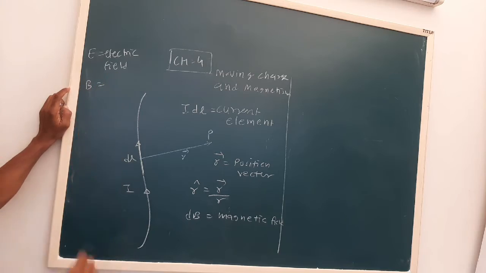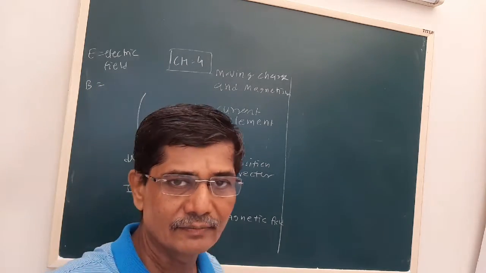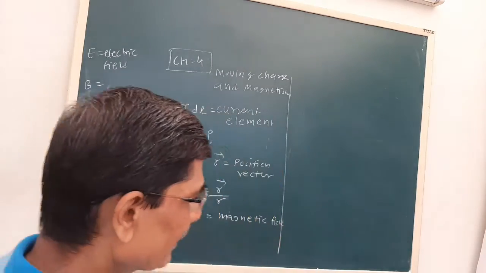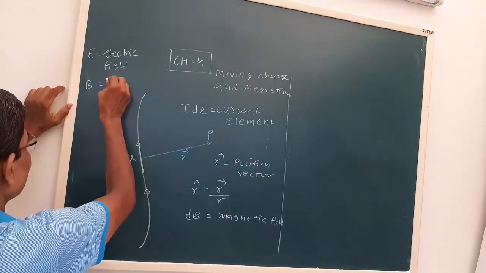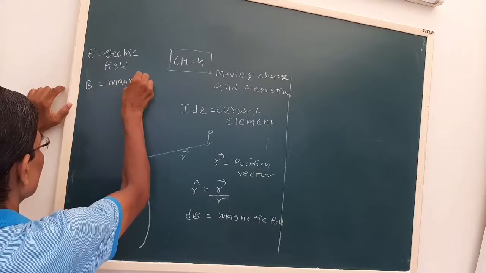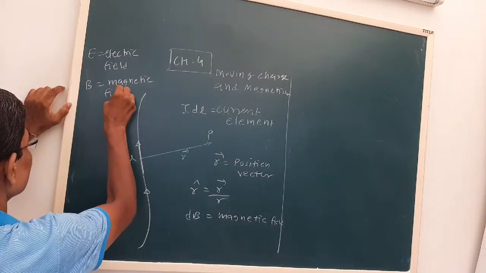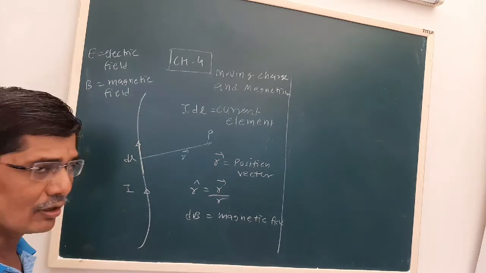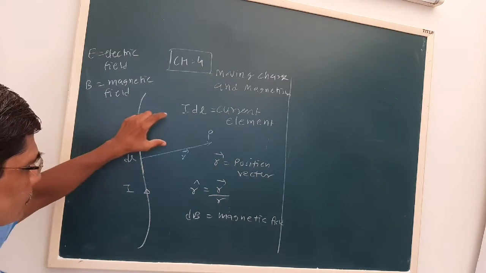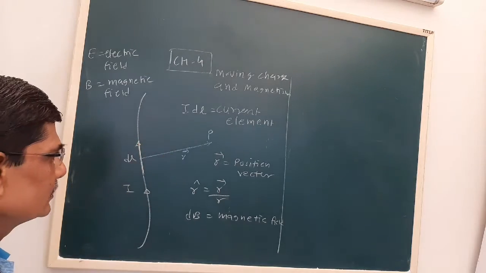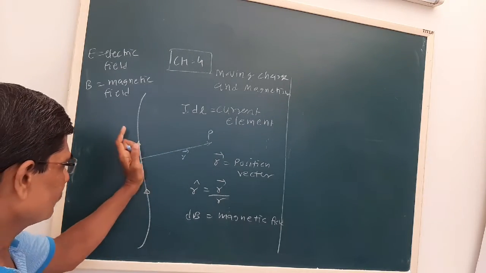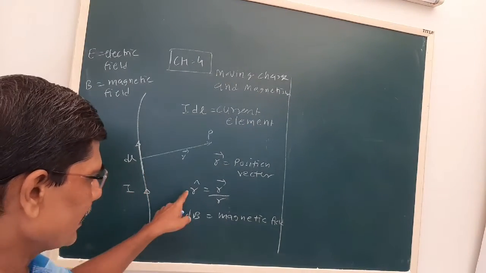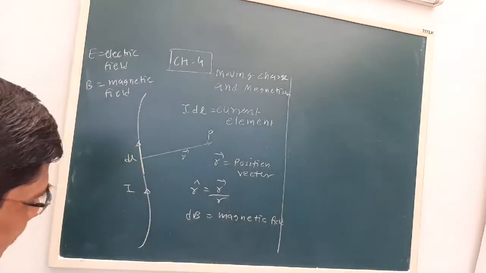Now in lesson number 4 and 5, where we are going to study magnetic field extensively, B is the symbol of magnetic field. This is a very long conductor. IDL is the current element, P is a point at position vector r from this current element, and r caret is a unit vector in the direction of r.